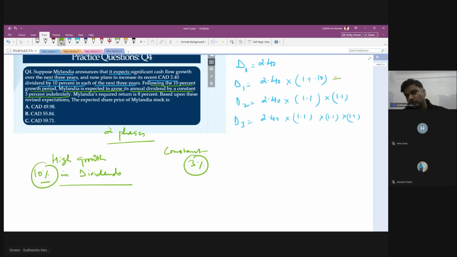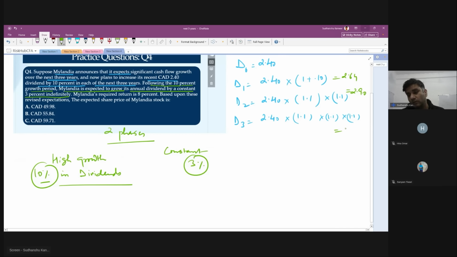This value is 2.64, this value is 2.90, and just to save time, I'm taking the values from the solution. The third value is 3.19.